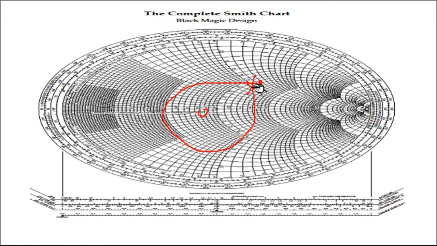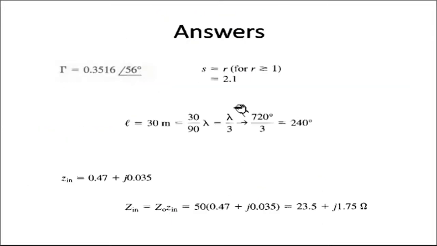Now from this load point on this complete circle, you need to move clockwise. But how much? You need to move till the length of the transmission line is achieved. The length of the line is 30 meters, which corresponds to lambda by 3. Lambda corresponds to 720 degrees, and 720 by 3 is 240 degrees.